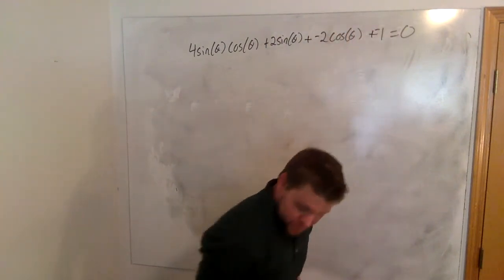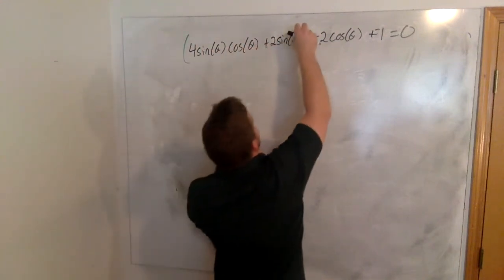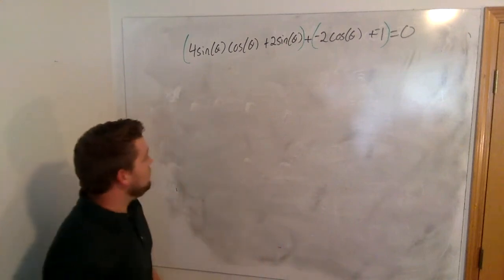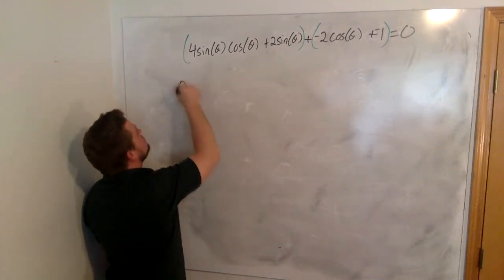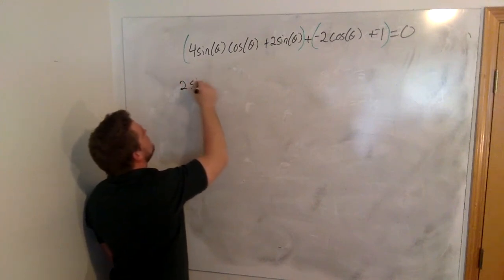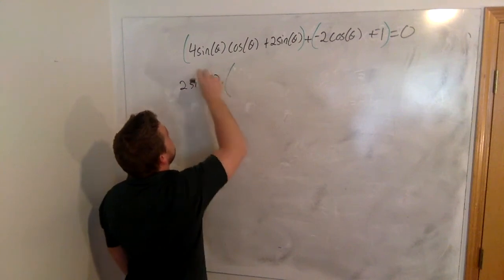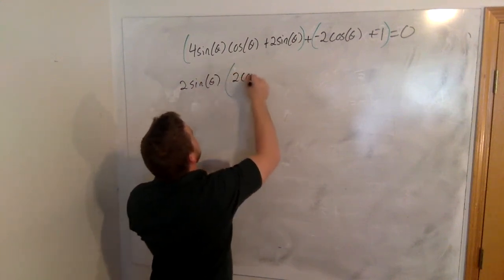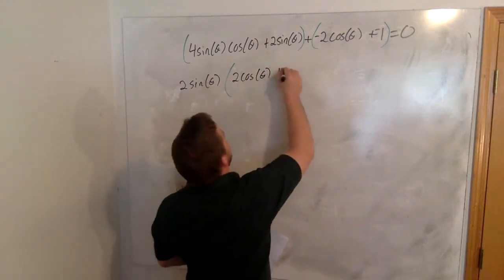Let's group the first 2 terms together, and the second 2 terms together. What can we factor out of the first set? Looks like we can factor out a 2 sine of theta, and we'll be left with 2 cosine of theta plus 1.